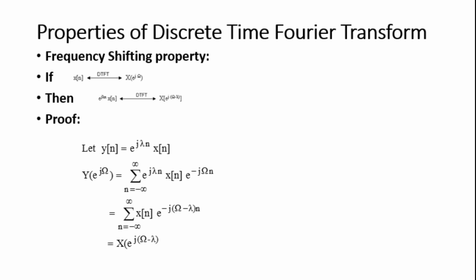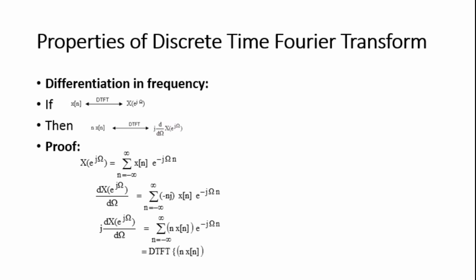Then Y of e power j omega is equal to summation n is equal to minus infinity to infinity e power j lambda n into x of n into e power minus j omega n, which is equal to summation n is equal to minus infinity to infinity x of n into e power minus j omega minus lambda into n, which is equal to X of e power j into omega minus lambda.